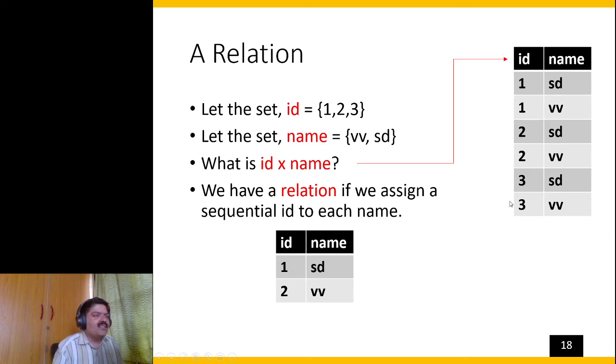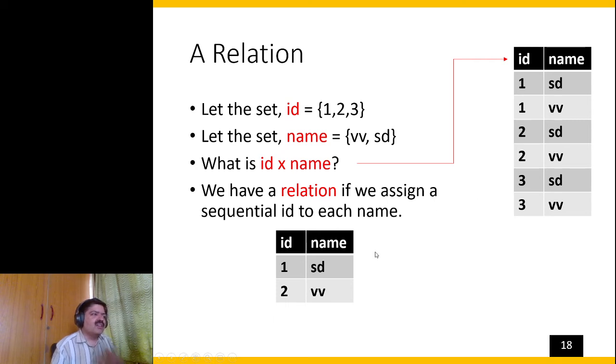So while this is the Cartesian product of ID and name, in reality, some of these might not be valid. So let's say I associate the ID 1 to SD and 2 to VB, then I'm only interested in 2 relations and not the rest of them, right?